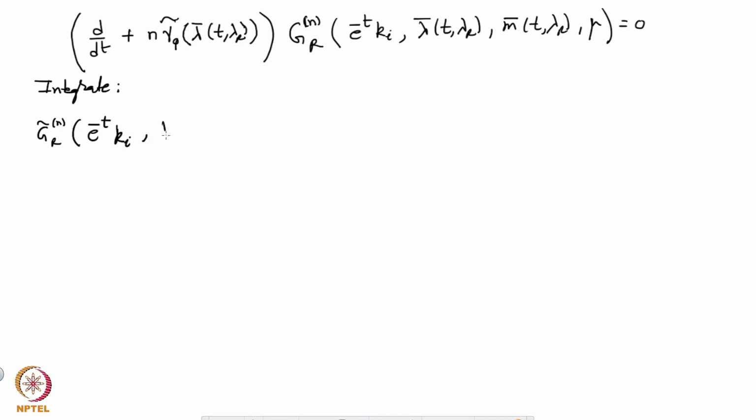Lambda bar of t, I am suppressing or maybe I should not suppress, I'll just keep it. Then m bar of t lambda r, the redundant mu, is equal to G N R. So this is the solution.